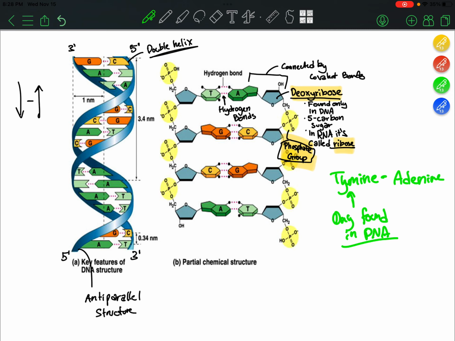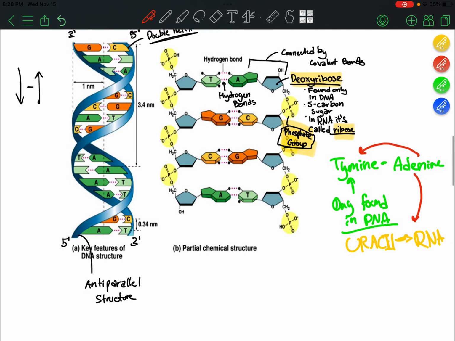You would write uracil. Someone write that down: uracil. That's in RNA. If we're talking about DNA, then it would be thymine. Remember, adenine can pair with this, and it can also pair with this. Adenine is a 2-for-1.